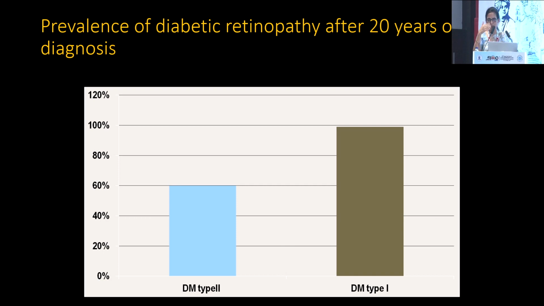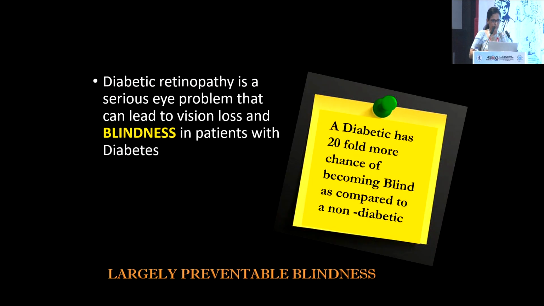The more years the patient is diabetic, the higher the chances of having retinopathy. So this is how important it is for us and for the patients. Now, a diabetic has a 20 times more chance of becoming blind as compared to his non-diabetic counterpart. And this blindness is largely preventable. The onus is on us to recognize diabetic retinopathy and to treat it or to refer the patient.